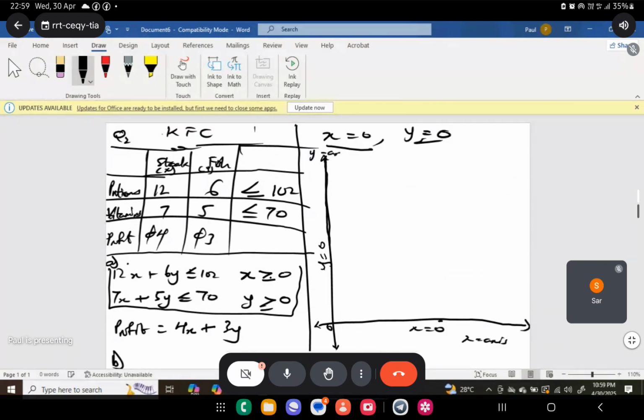So from here, let's say 2, 4, 6, 8, 10, 12, 14, 16, 18. Okay. So this is the y-axis. So here too, 2, 4, 6, 8, 10, 12, 14, 16. Okay, let's do it this way.